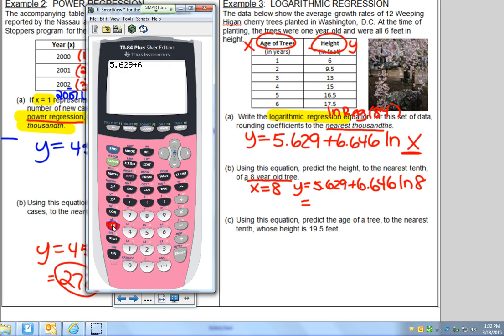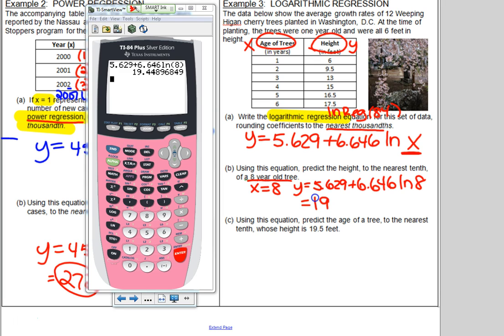Then you're going to hit the ln key, and then your 8. Okay, so that means the height to the nearest tenth, which is what they want you to round to, is approximately going to be 19.4. Be careful, this 4 is what you look at. It does not round that 4, don't double round.